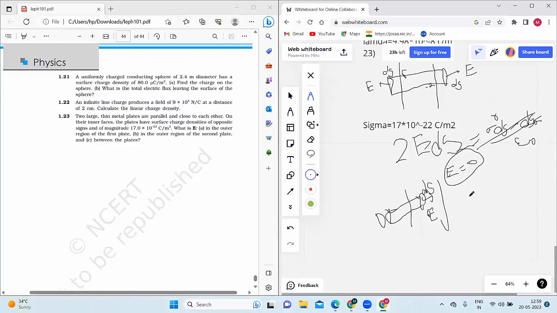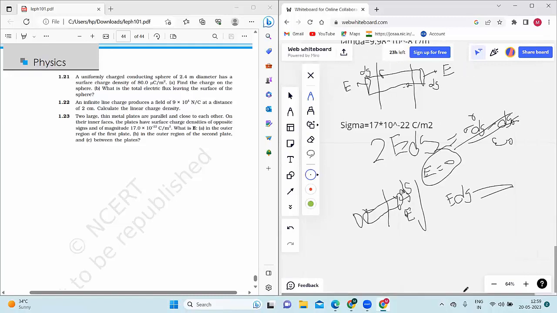So the flux linked with the Gaussian surface will be E into dS equal to sigma into dS by epsilon naught, where dS just cancels, and the electric field will be sigma by epsilon naught.